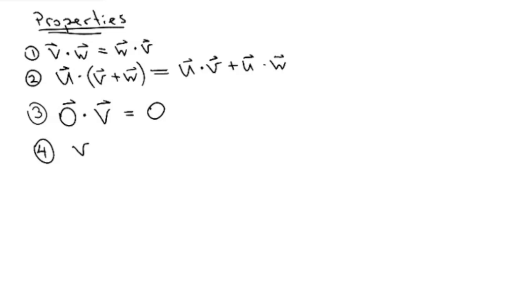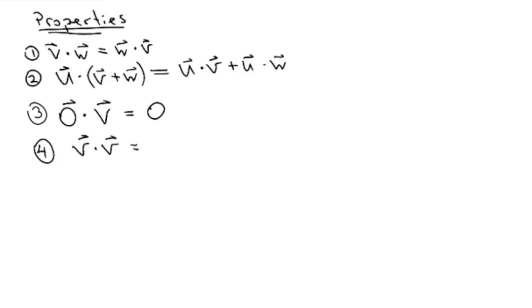If you do v dot v, dot a vector with itself, what do you think happens? Think about it. If you have a, b dotted with a, b, what comes out of it? A squared plus b squared. A squared plus b squared, which sounds really familiar to something else.